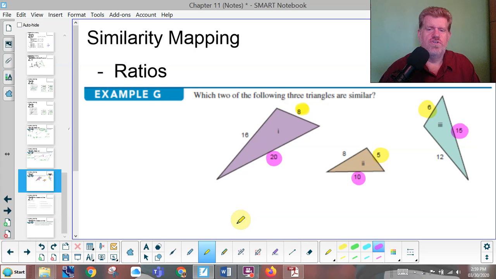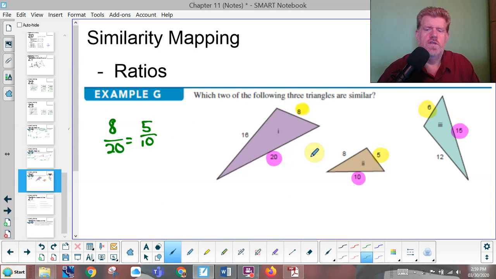So here's what I'm going to show you right now. We're going to take the small side and make a proportion or a ratio out of it. 8 over 20 should equal, small to large, small to large, small to large.